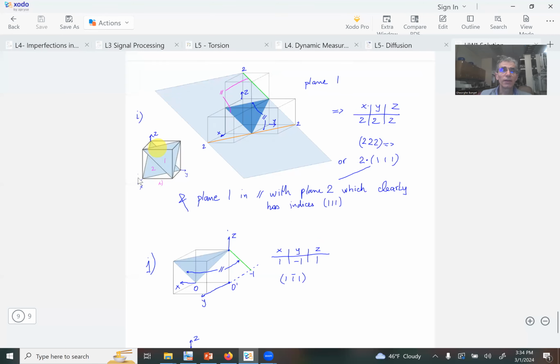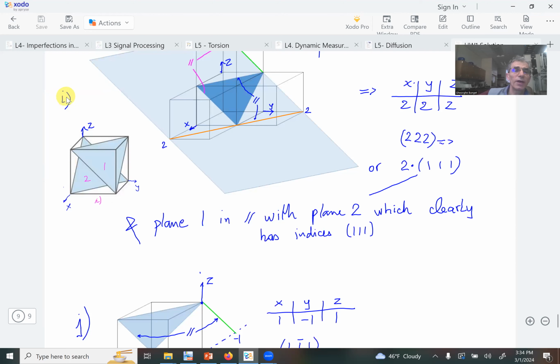You can see the plane in the given problem, in point I: the first plane right here has intercepts at 1, 1, and 1, and you can see that these two planes are parallel. If I take the first plane that we just solved and pull the common factor in front of the parentheses, you remain with 1, 1, 1. So these two planes are parallel, as drawn, and they have the same indices, 1, 1, 1.